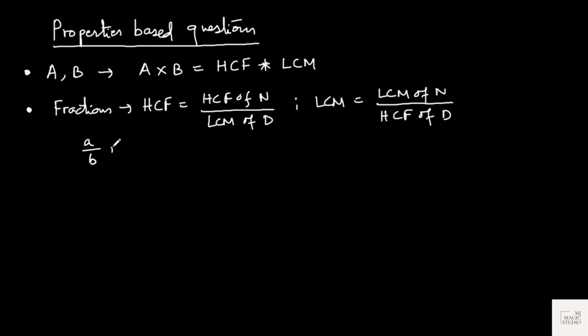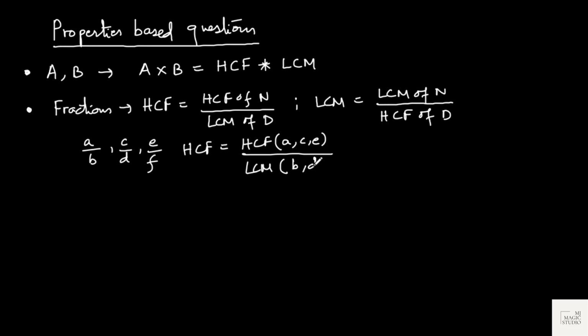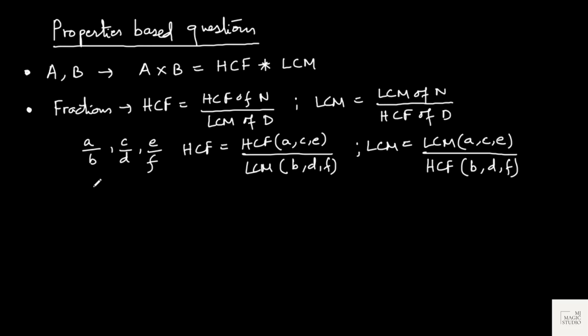Suppose we have A by B, C by D, E by F, then HCF would be HCF of all numerators, that is A, C, E, divided by LCM of all the denominators of the fractions, B, D, F, and LCM would be LCM of numerators A, C, E divided by HCF of denominators, that is B, D, F, and hence you would be able to find HCF and LCM of fractions.